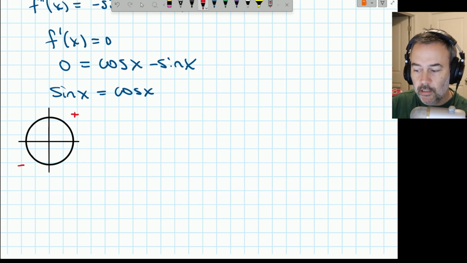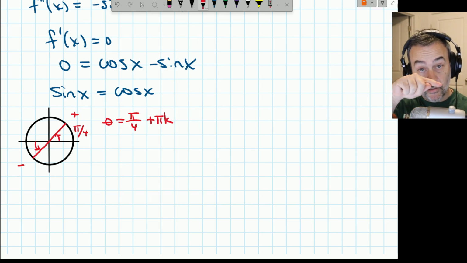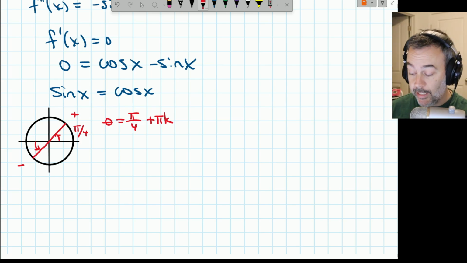The only time they equal each other is when you have a reference angle of pi over 4. So this angle would be pi over 4, and our solutions are theta equal to pi over 4 plus pi k, since these solutions are a half turn apart.